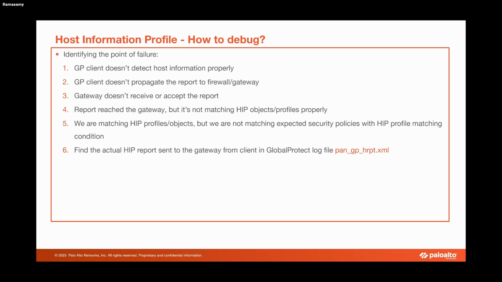You can have an endpoint firewall installed, but GlobalProtect is not detecting it, or it does not propagate the report to the firewall or gateway. The gateway doesn't receive or accept the report. Or the report has reached the gateway, but it is not matching the HIP objects or profile properly.